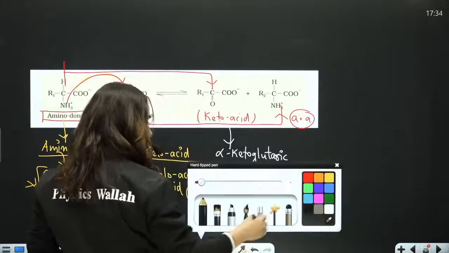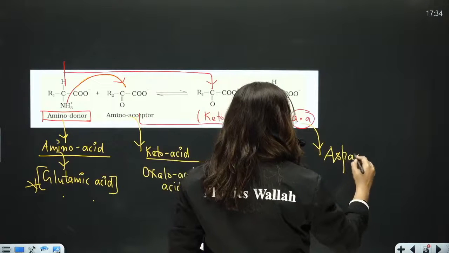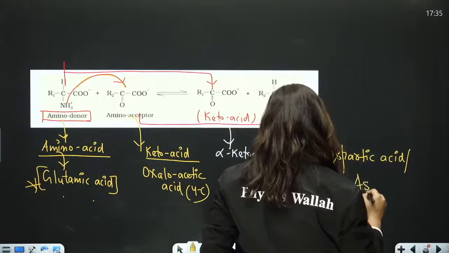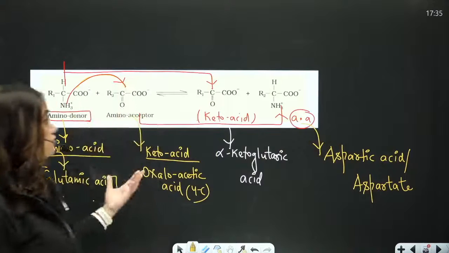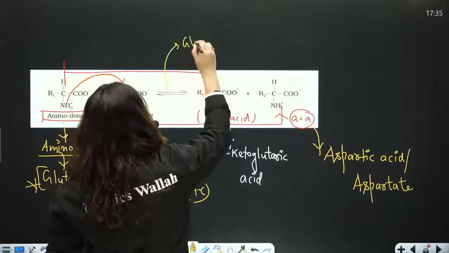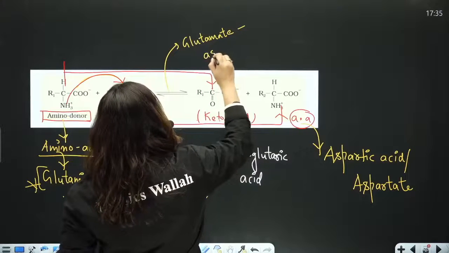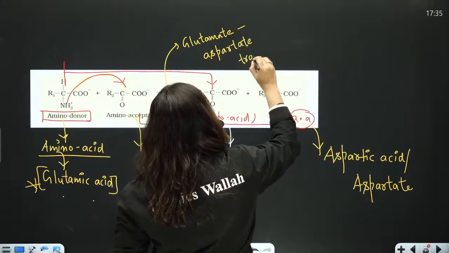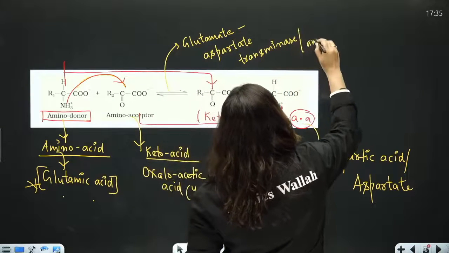And this another type of amino acid is aspartic acid, or aspartate. This is transamination. And the enzyme used here is glutamate aspartate transaminase, or aminotransferase.